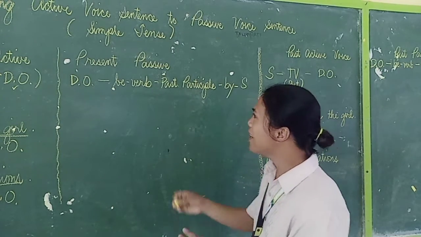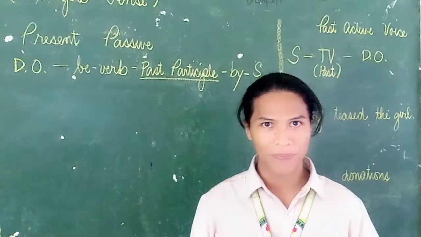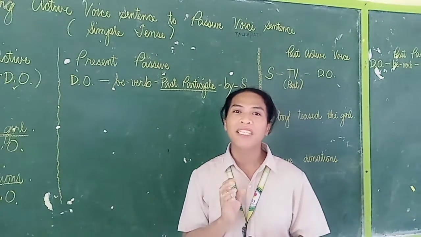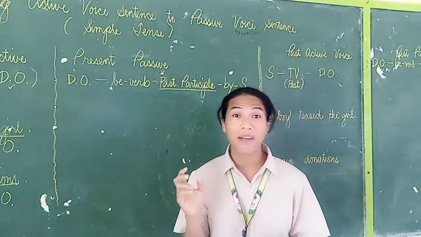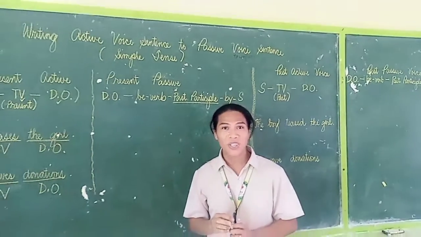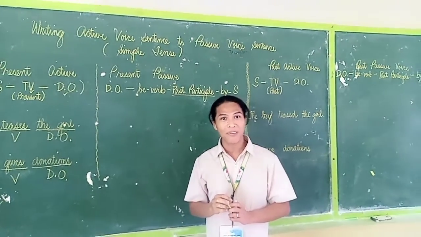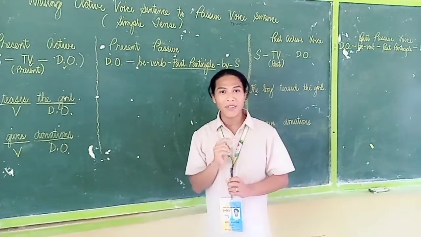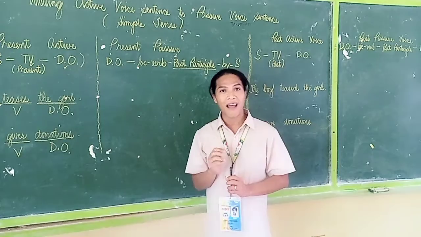Okay, so we are going to take the past participle of the verb. So our knowledge on the past participle of the verb, either regular or irregular, is very important. The question is, do you know the past participle of the verb? Because that is one consideration that you are going to analyze.